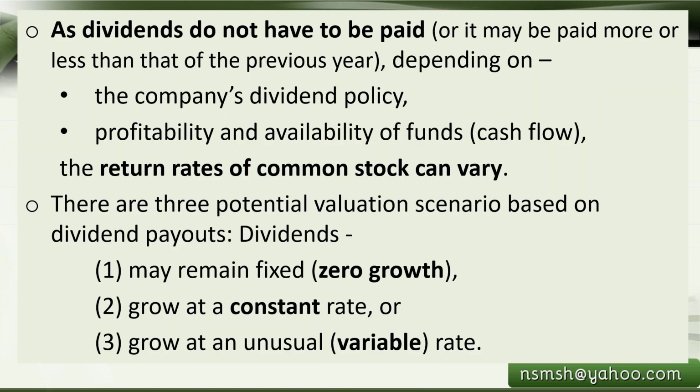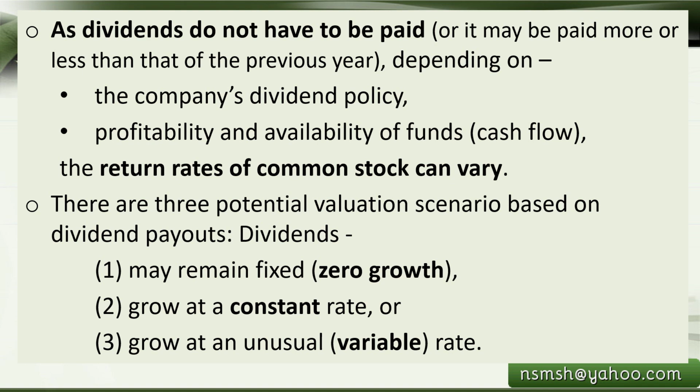As dividends do not have to be paid, the return rates of common stock can vary. For example, dividends may be paid more or less than that of the previous year. If the earnings and retained earnings have a sufficient amount to declare dividends, as well as cash flow being available, then dividends can be declared, or sometimes they need not be paid at all.